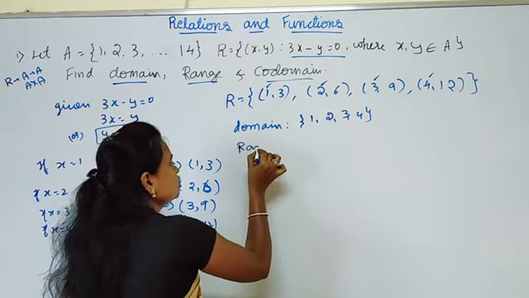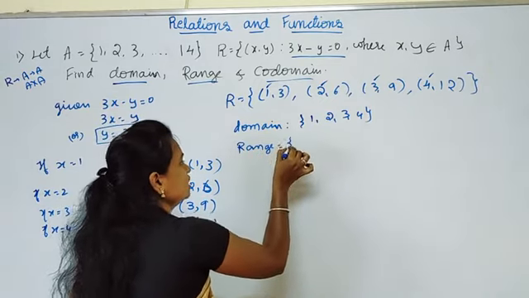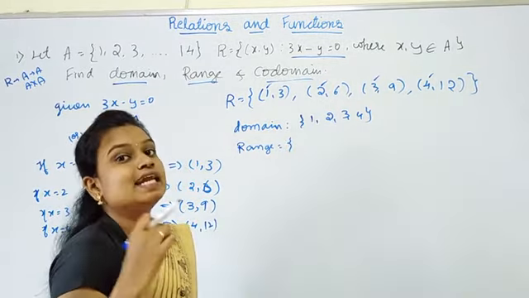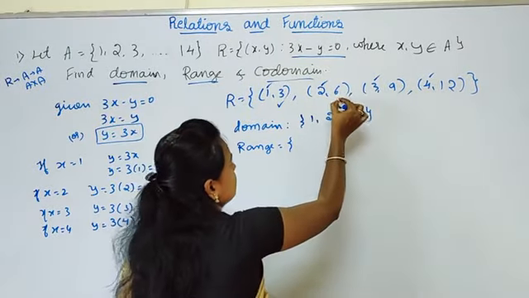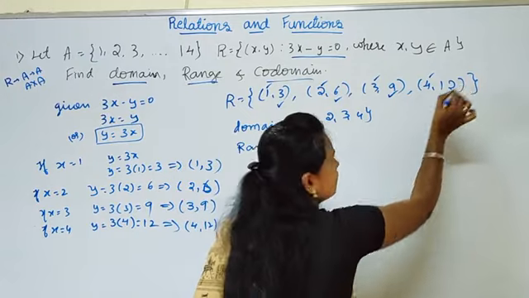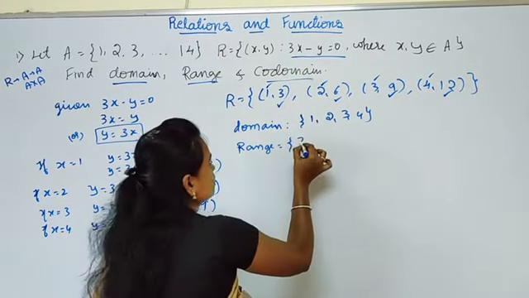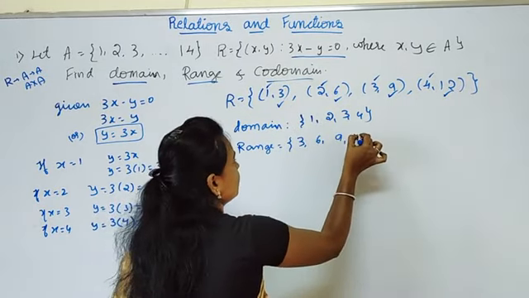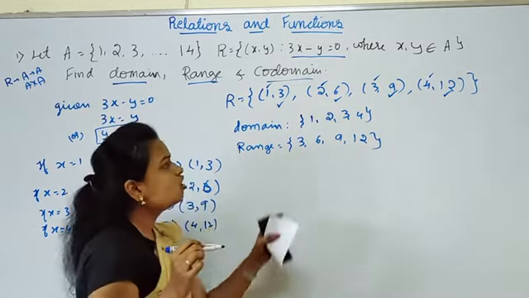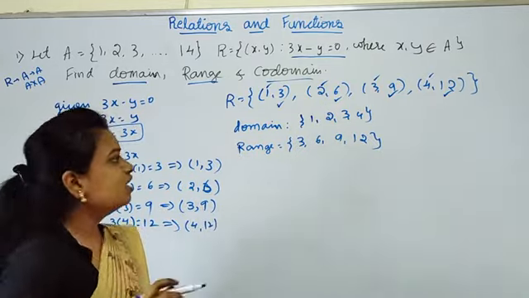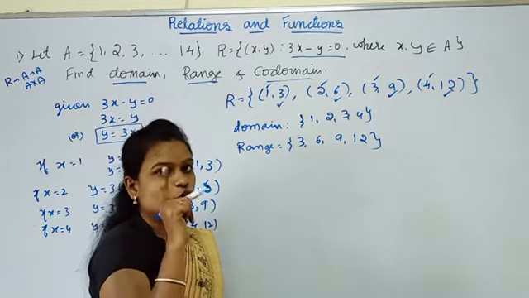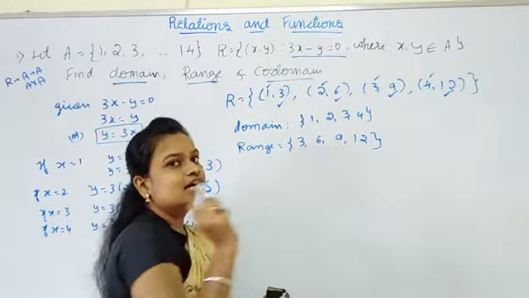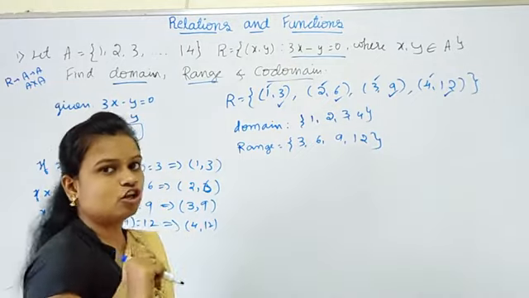Range means the set of all second elements of the ordered pairs, which are 3, 6, 9, 12. This is the range of this relation R. If elements repeat twice or thrice, you have to write them only once, because repetition is not allowed inside a set.